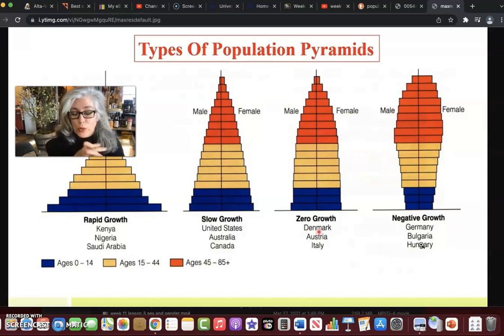Why are there rapid growth populations where they are indicated on these graphics? We can answer those questions by looking deeper into the lifestyle, the level of development, the degree of social stratification, the governmental system, all the other kinds of human geography topics that we're going to be studying in the lessons and the chapters to come.